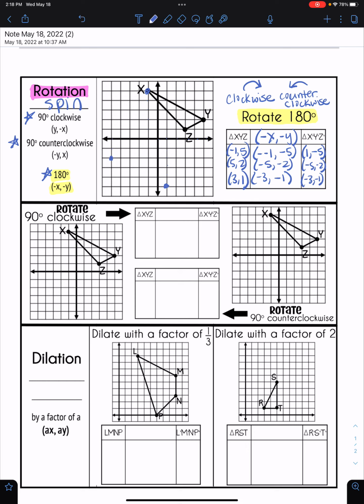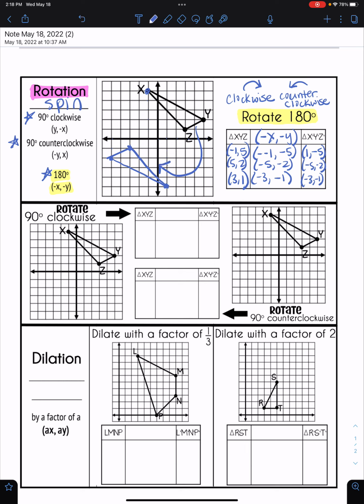And finally we have -3, -1. There we go. So then we're going to draw our new shape by connecting those points. And here we go. So we took this triangle and we rotated it 180 degrees, which is like we flipped it over half a circle. And that's our new shape.